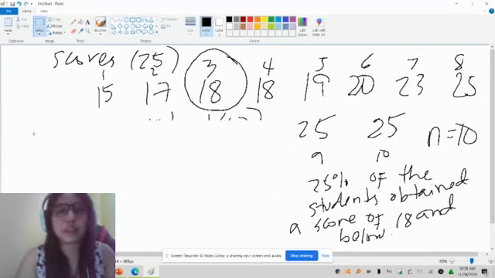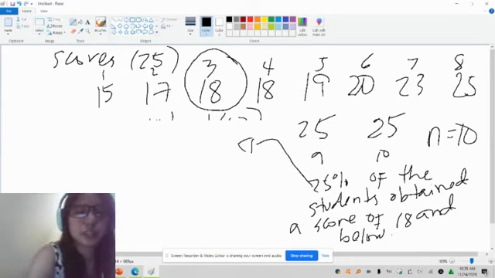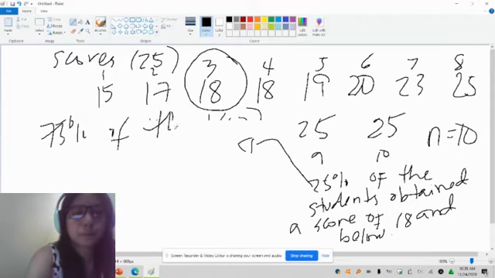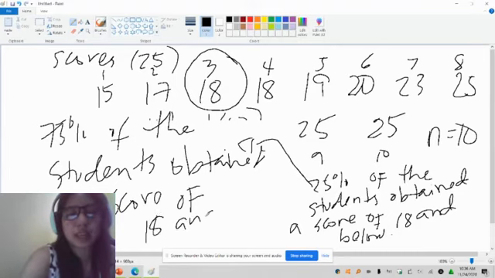So another interpretation, similar to this interpretation, is that 75% of the students obtained a score of, in our data set, 18 and above.